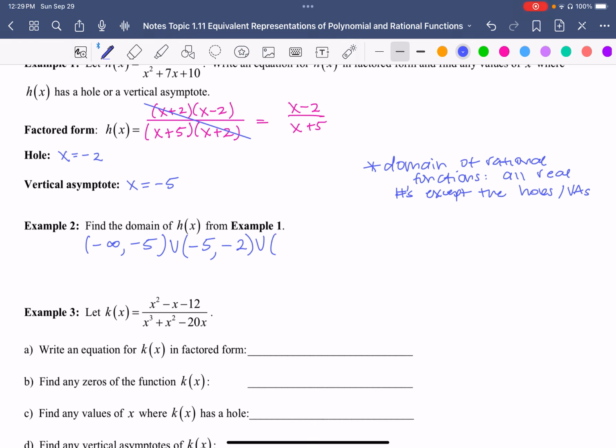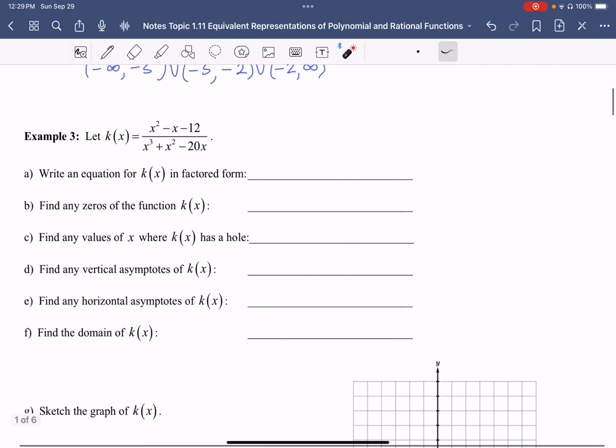And then remember, whatever you stop with, you're going to start the next interval with, and then we're going to finish off with positive infinity. So all real numbers is negative infinity to positive infinity, but we are going to skip the vertical asymptotes and the holes, okay, in order from smallest to greatest. Okay, let's do another example.